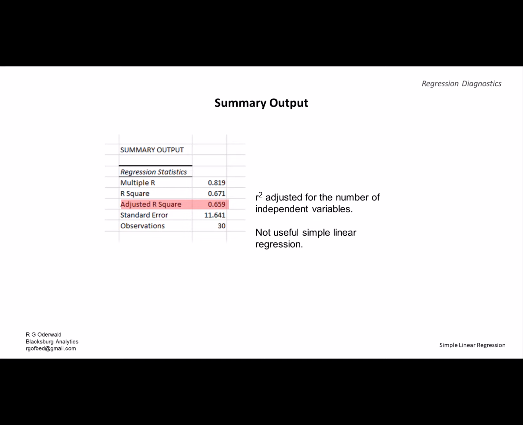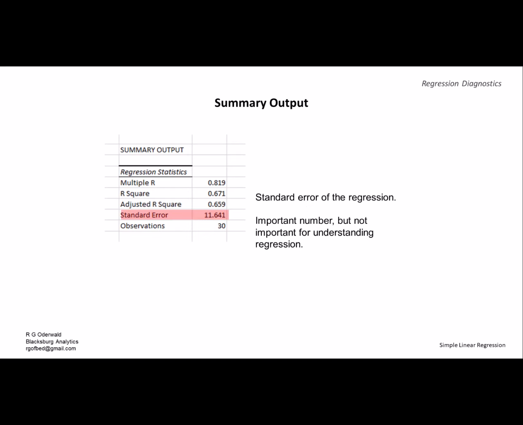Adding independent variables will always raise the R squared, even if the added variables have nothing to do with Y. In fact, you can make the R squared equal to 1 by having as many independent variables as Y observations, regardless of any relation. This isn't useful in simple linear regression.